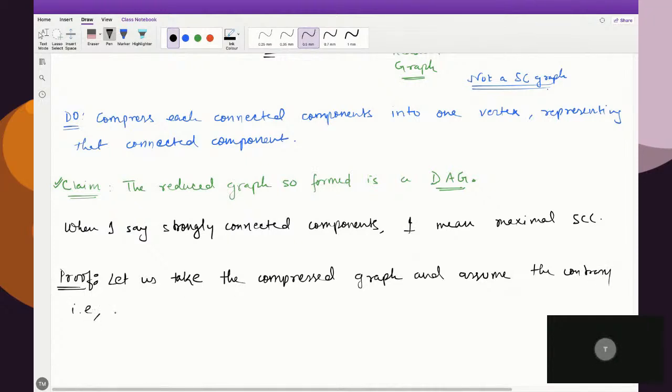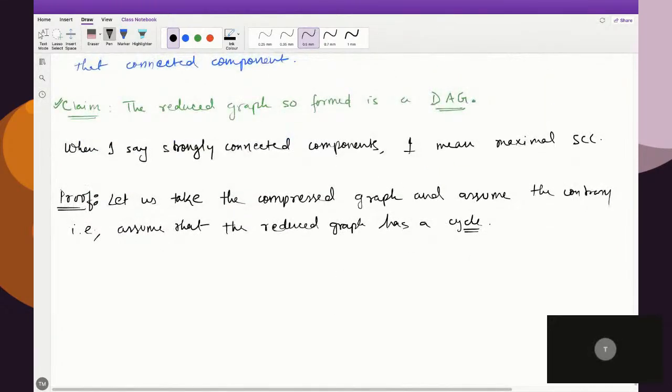That is, assume that the reduced graph has a cycle. It is not a DAG, which means it has a cycle, right? Take that cycle. Consider that cycle.